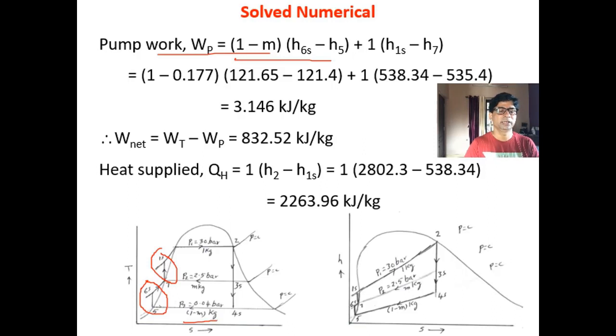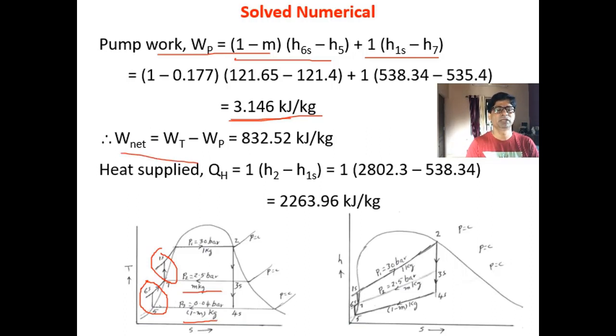Whereas at 7, the condensate 1 minus m and the bled stream m combine, 1 minus m plus m, so it becomes 1 kg again. So 1 into H1S minus H7. This is very, very important. If you substitute and simplify, you will get the total pump work as 3.146 kilojoules per kg. You already calculated the individual pump work, but that is different. Now the total pump work you have to calculate like this.